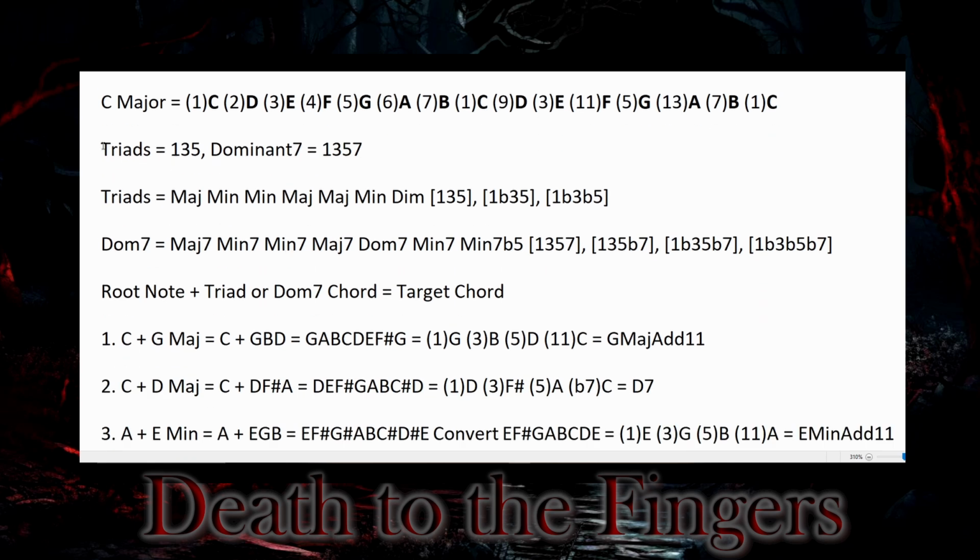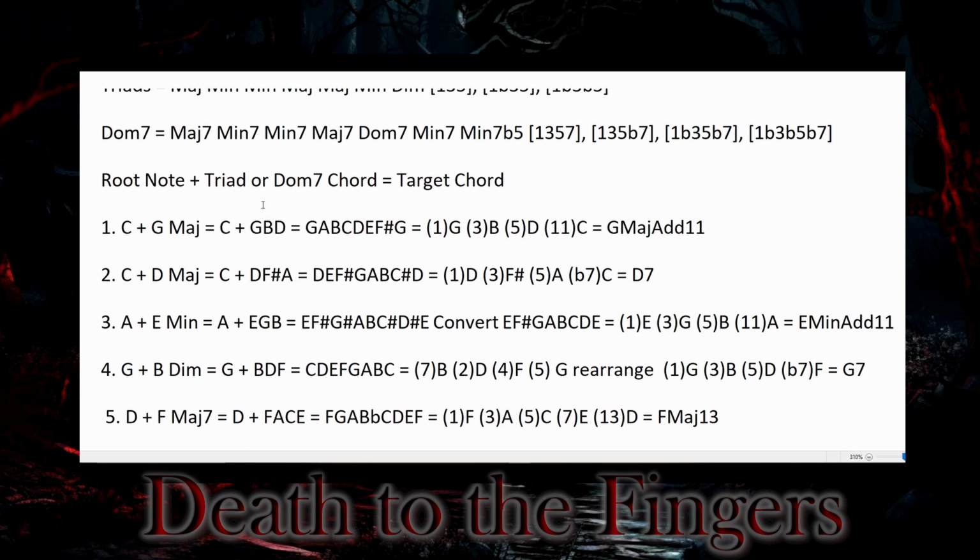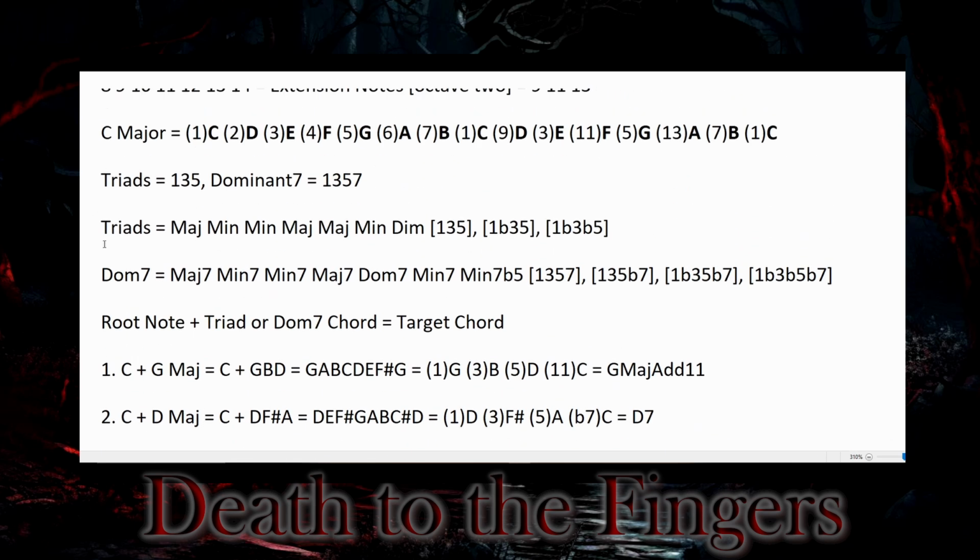Then the basic constructions of triads and dominant 7 chords, then their sequence with respect to the scale degrees, right? That's where this comes in. 1, 2, 3, 4, 5, 6, 7, right here. Whoops. 1, 2, 3, 4, 5, 6, 7. Now these chords here are basically making the variants, the diminished chord in minor, right?